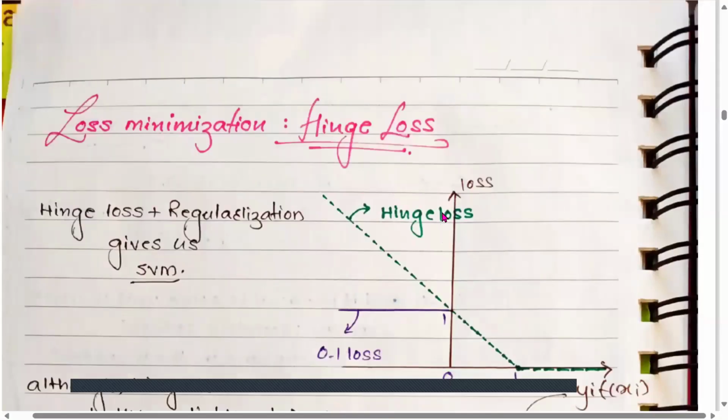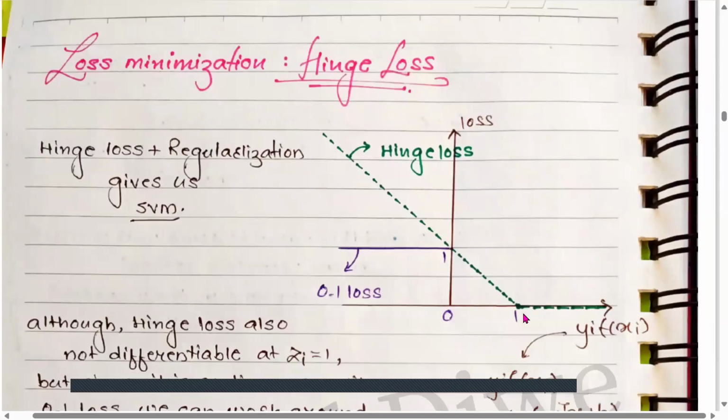Now, loss minimization using hinge loss. Here we are using hinge loss. Hinge loss means the average distance of misclassified points, as I have already shown you earlier. Focus on this diagram, this hinge loss line, and this is the zero.